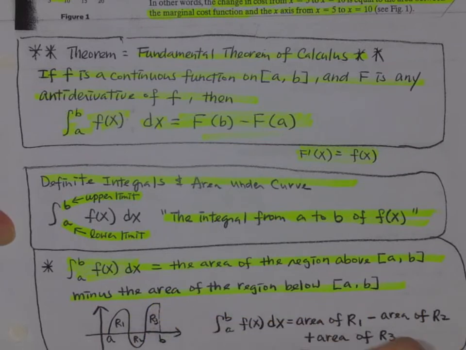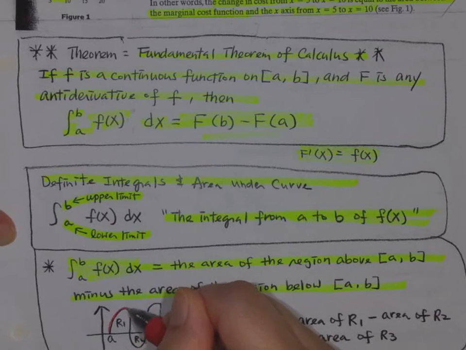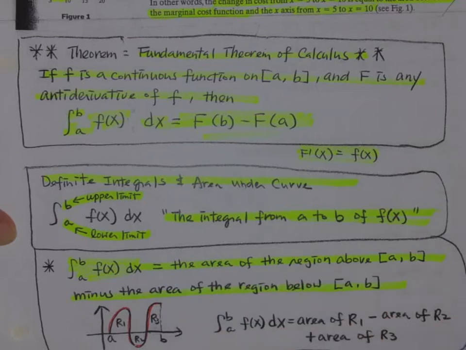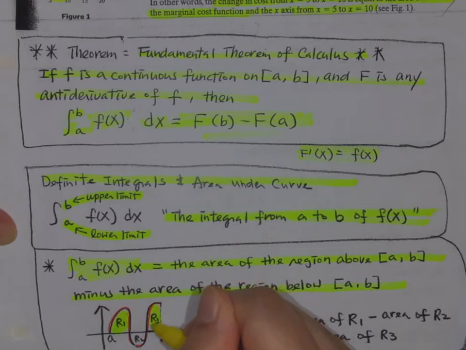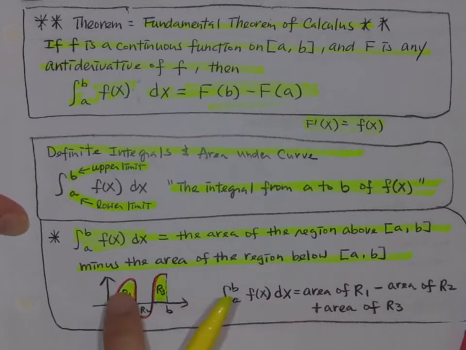If you look at this graph, between a and b the curve goes like this. To find it, R1 is above the axis between a and b, and R3 is also above the line, so those are positive values, and you need to subtract the area of R2 because it is below the region.